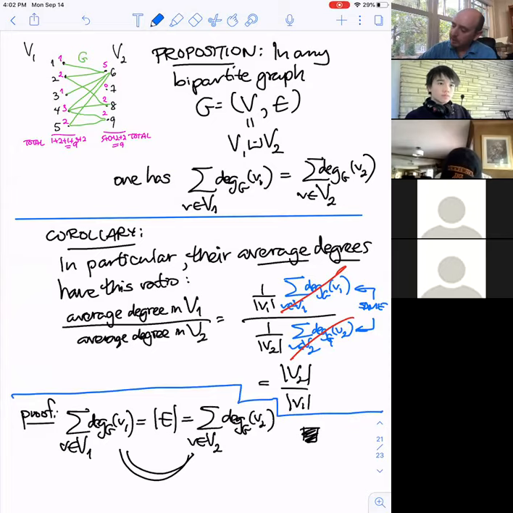All right, and your assignment for next time, before next class: what does this corollary have to do with the New York Times article that's on the syllabus called The Myth, the Math, the Sex?